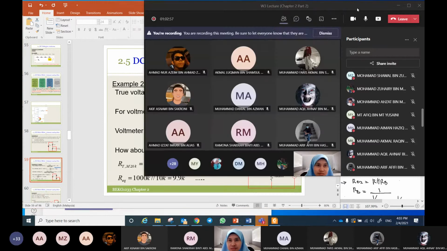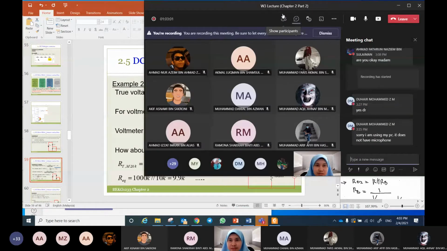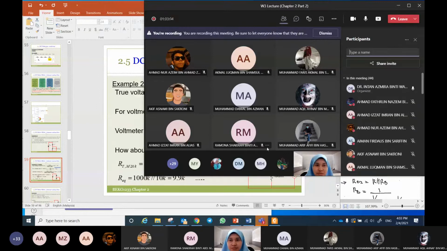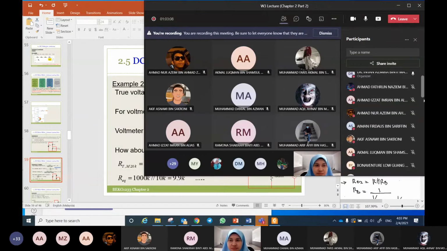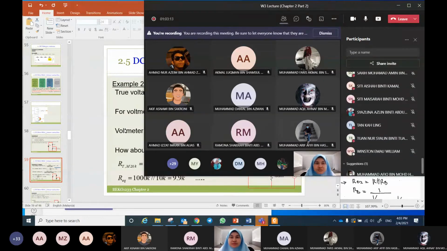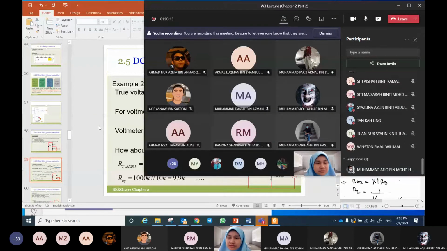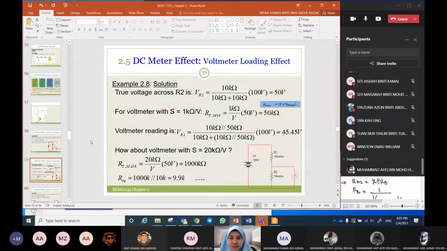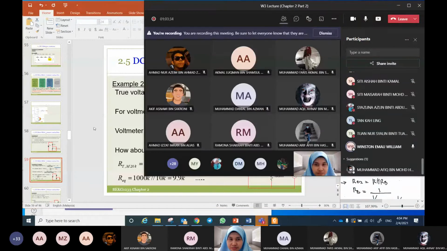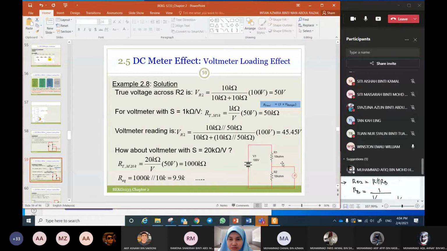MT. Mana MT? MT, are you with me? MT? Tidur ke apa? Winston, what is the new R equivalent now? Winston? Hello? What is the new R equivalent now? Tak tahu, doktor.